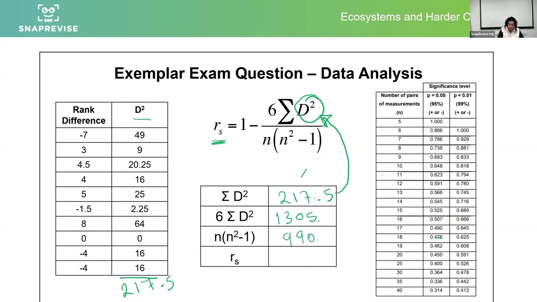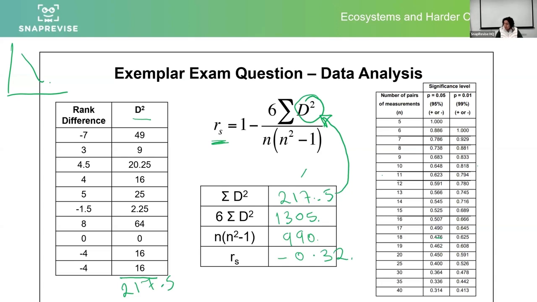So therefore, my entire Spearman's rank value that I calculate is minus 0.32. Don't worry about the fact that it's a negative value. What does it indicate? That I may have a negative correlation. It's fine to get a negative value.